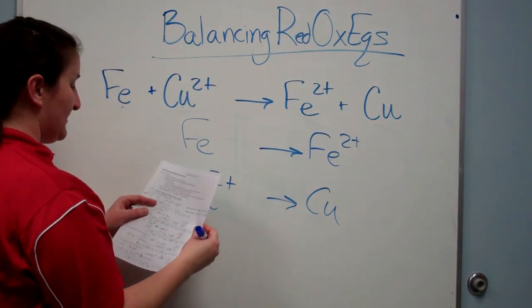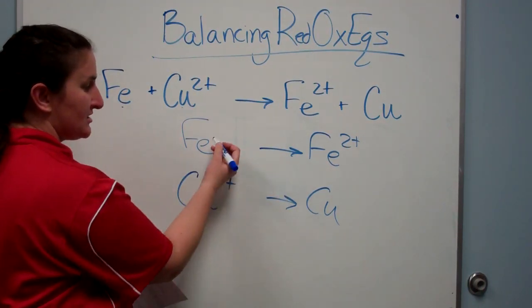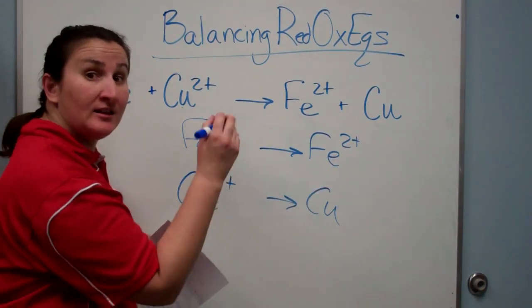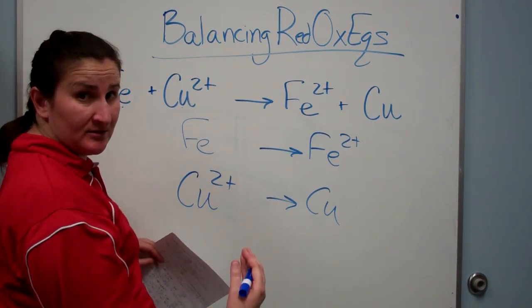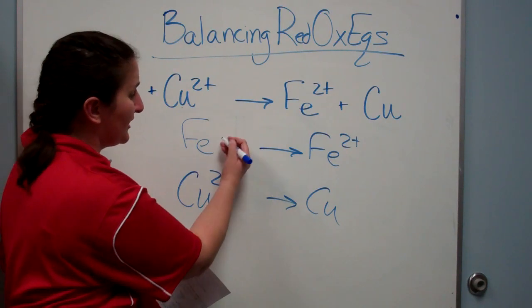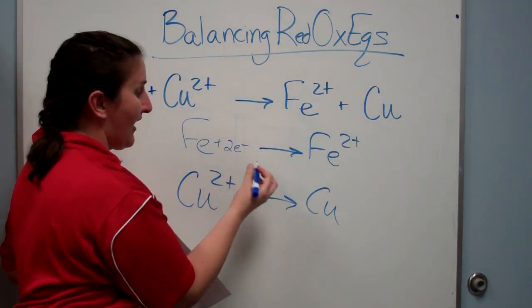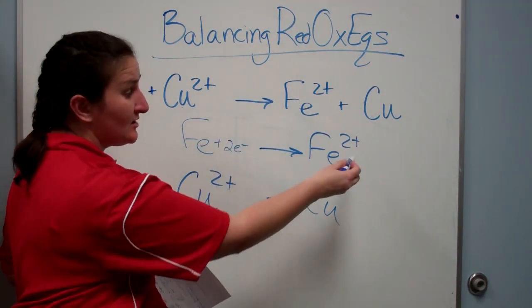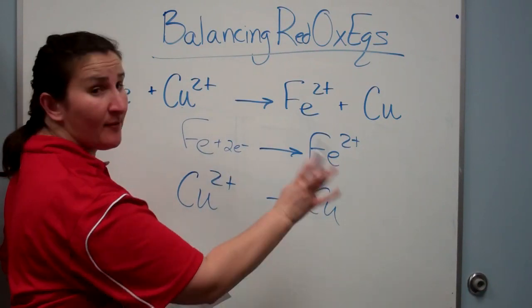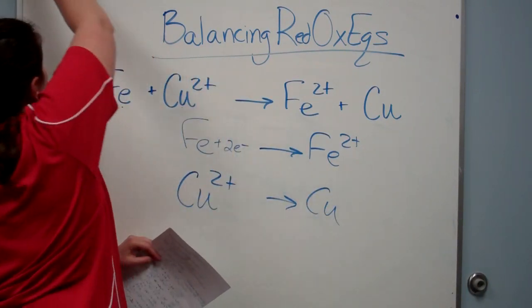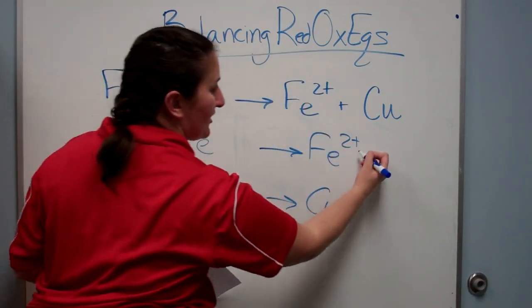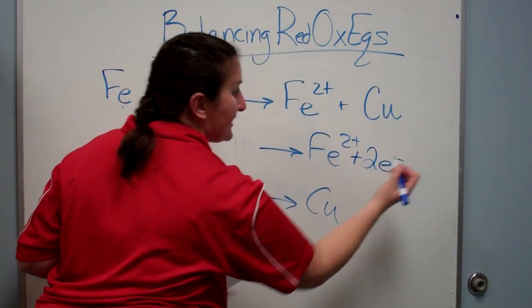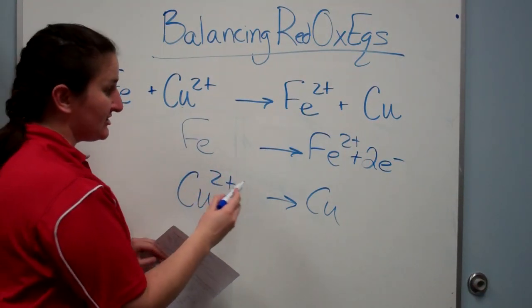Okay? So in this case, we look at the charge. It's 0 and 2 plus. Electrons are negative, so you always want to put them on the side that needs to be reduced. Meaning, if I put 2 electrons over here, I've added 2 negatives here, and it's still 2 plus over here. That is not balanced at all. So if instead I add my 2 electrons over here, now I've balanced this half reaction.